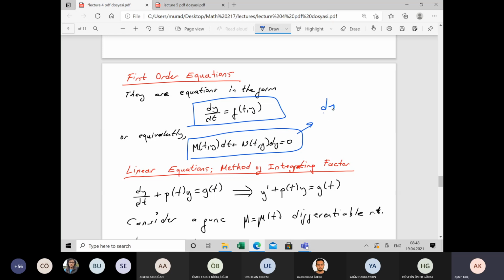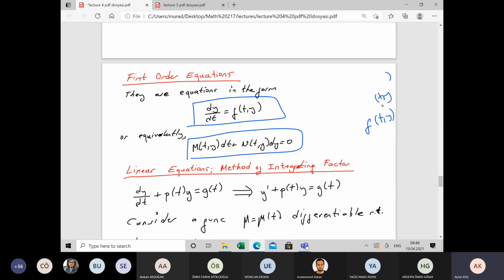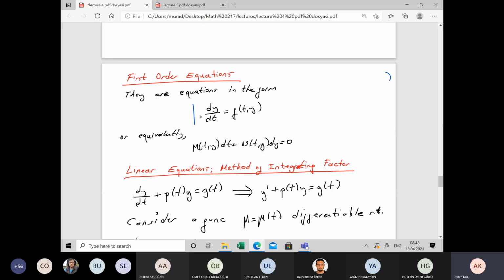Solve for dy over dt, and we obtain dy over dt equals minus M(t,y) over N(t,y), and this one is denoted by f of t, y. It's the same. So our differential equation is called the first order equation.